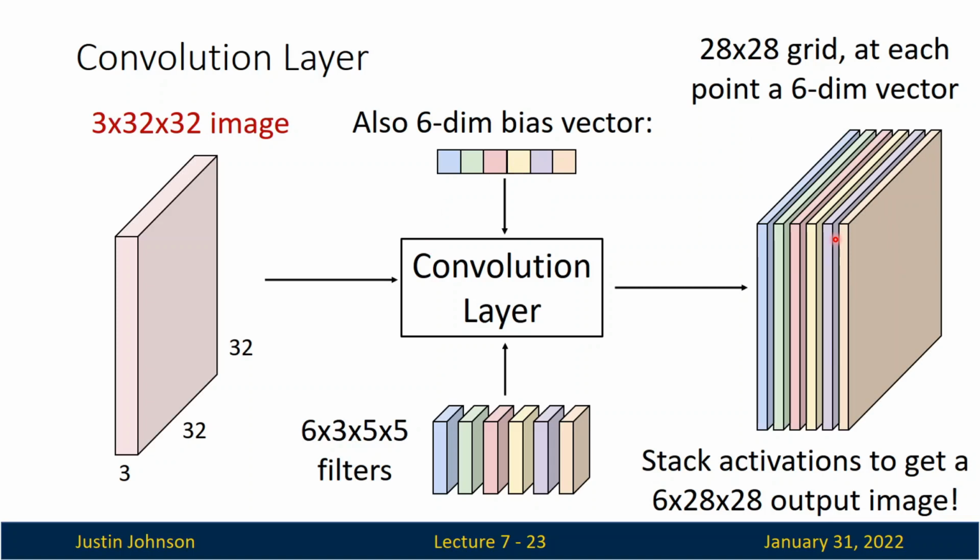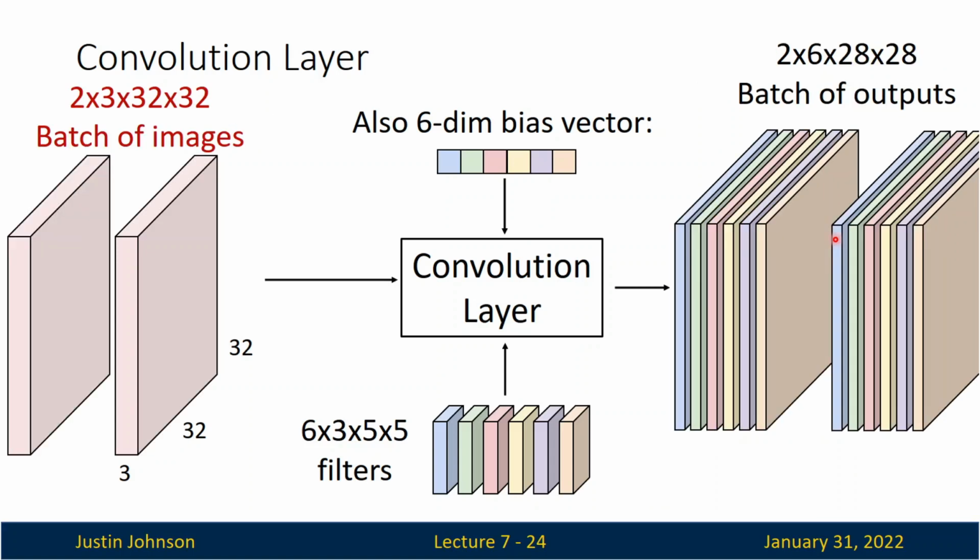Because our computers can process multiple instances at the same time, you still have the same filter bank, and now you have 2 images as your input. So you will generate 2 sets of output feature maps.